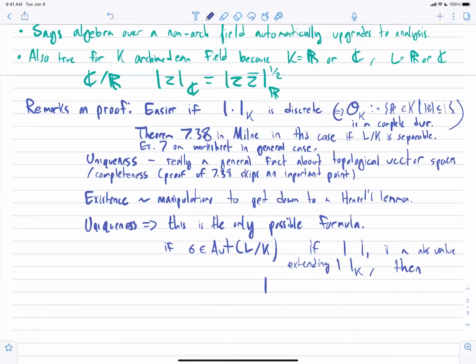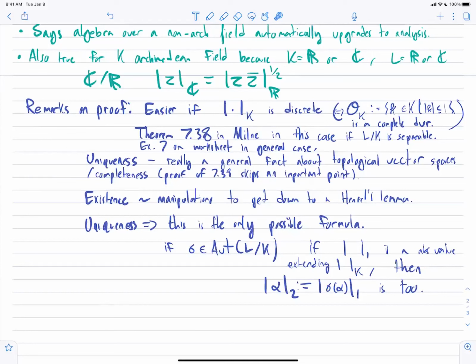Then I can define a second absolute value, subscript 2, by taking the absolute value of the conjugate by sigma. This will still be an absolute value just because field homomorphisms are nice. It will still extend the absolute value on K because sigma preserves K.